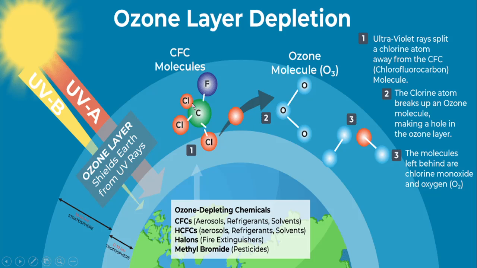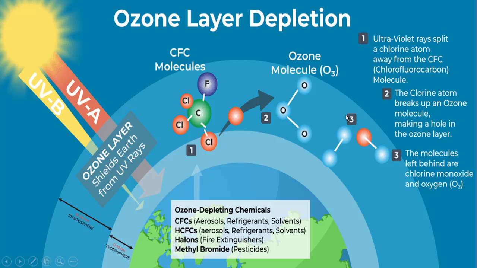This chlorine gets detached after undergoing a reaction with the ozone in the atmosphere, forming free chlorine, and this reaction is basically a chain reaction causing the depletion of ozone.